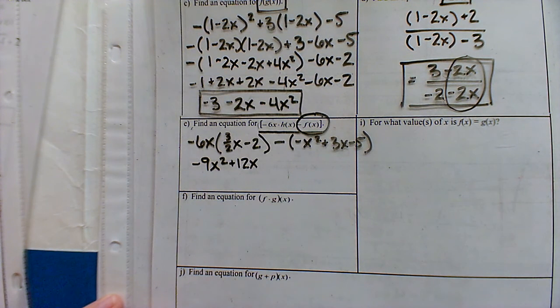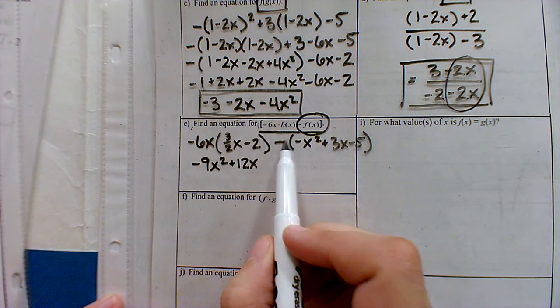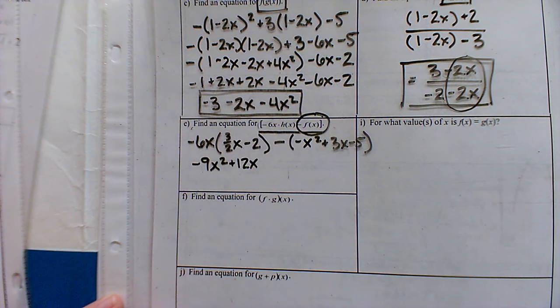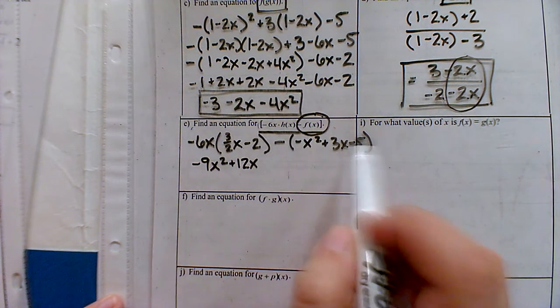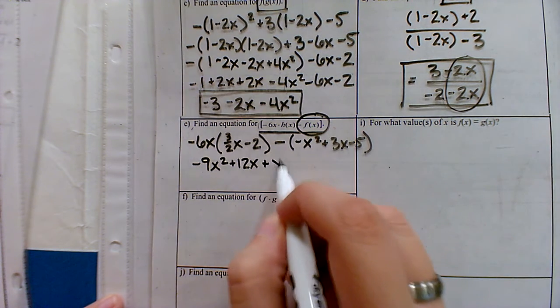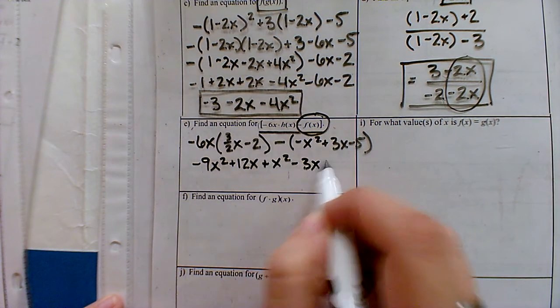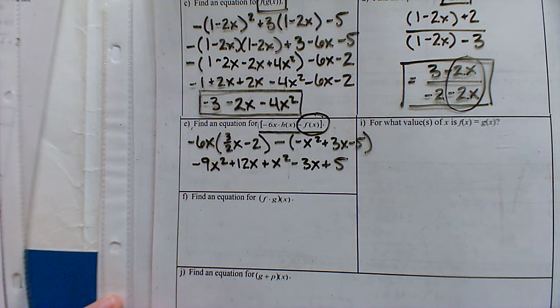If we keep moving through our expression here, if we are subtracting f of x, that means you're subtracting every single term from the f of x equation. So we have to distribute in that subtraction or that negative. It's going to change all those signs. Now that all the parentheses are gone, let's combine some like terms.